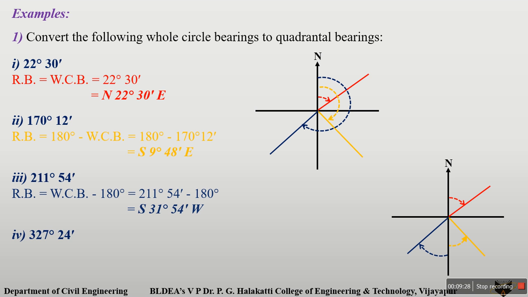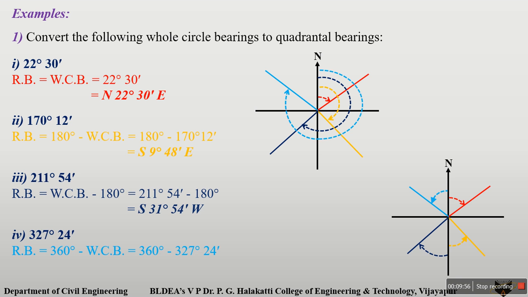Clear? Then similarly the fourth one lies in the fourth quadrant. Again this one is the WCB. In the quadrantal bearing system, whatever line is present in the fourth quadrant is measured from the north towards the west side. So in that condition, our formula will be RB is equal to 360 degree minus WCB.